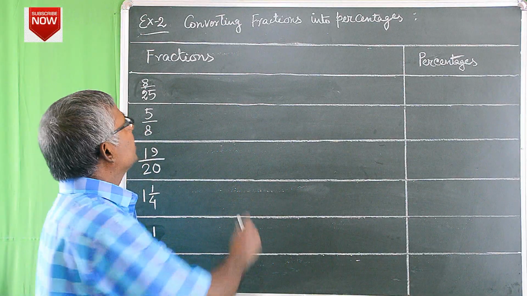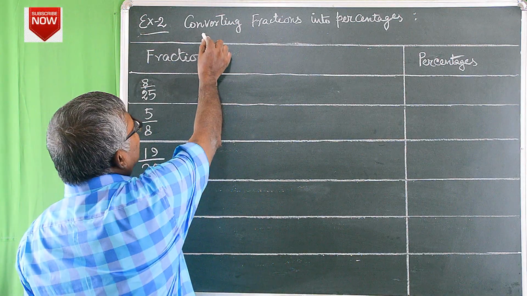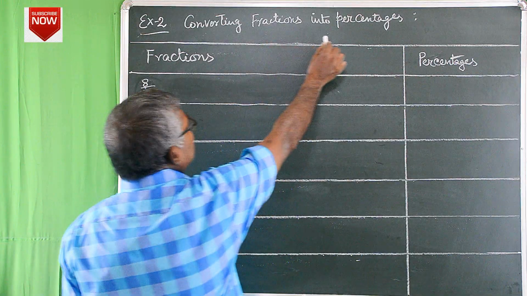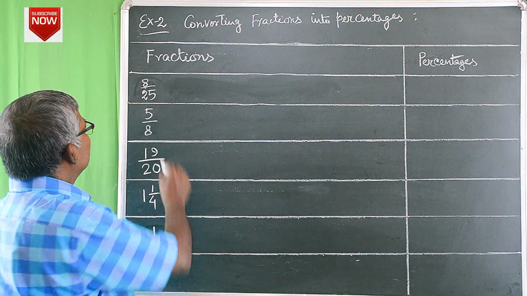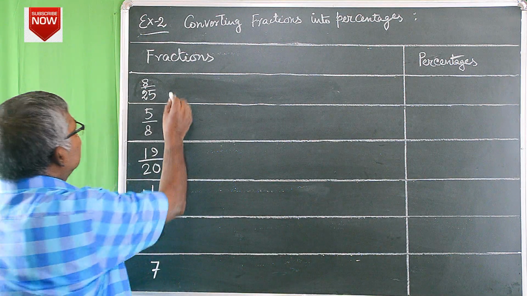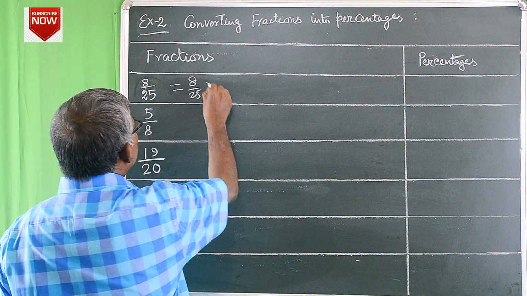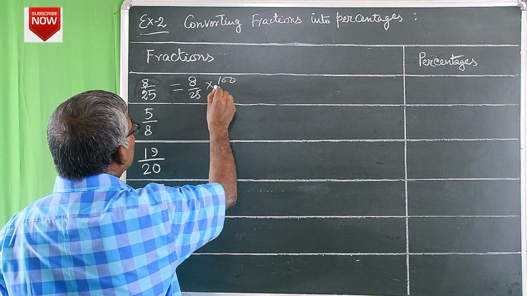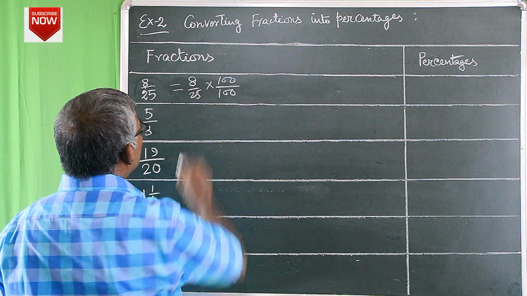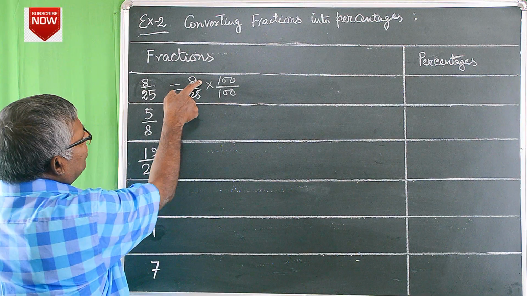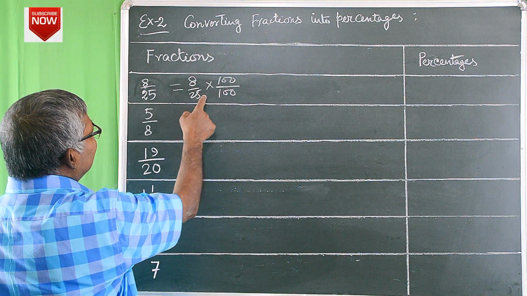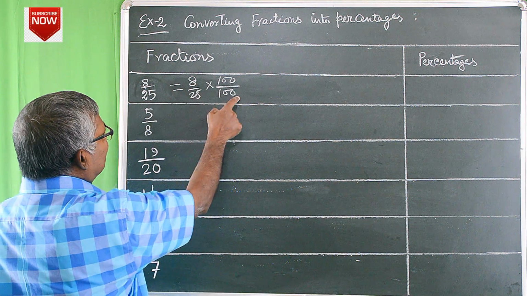Let us consider the second problem, converting fractions into percentages. Let us consider the fraction 8 by 25. This can be written as 8 by 25 into 100 by 100. We are simply multiplying the numerator by 100 and dividing the same number by 100.